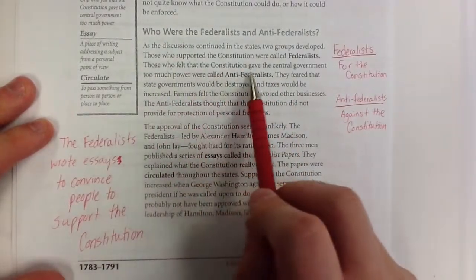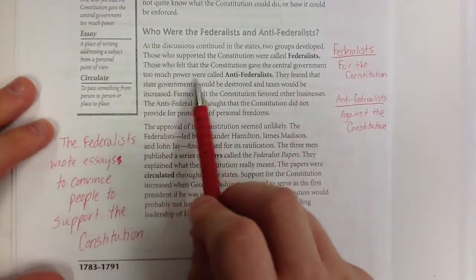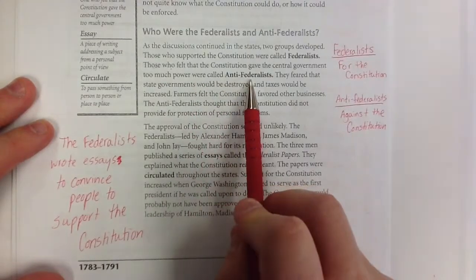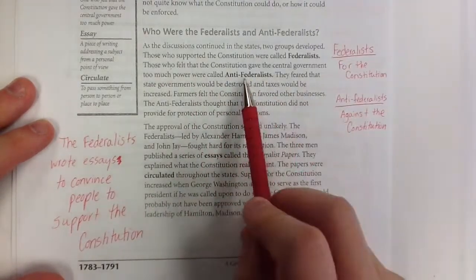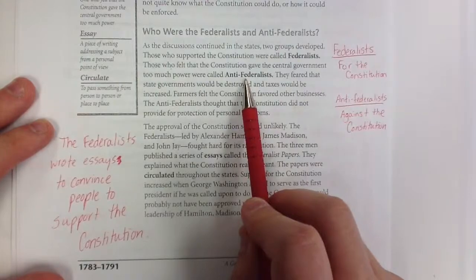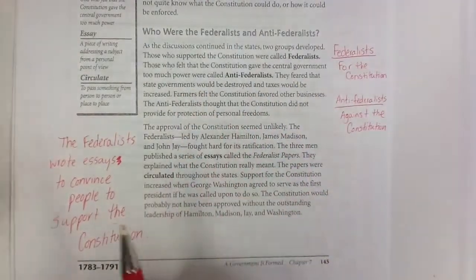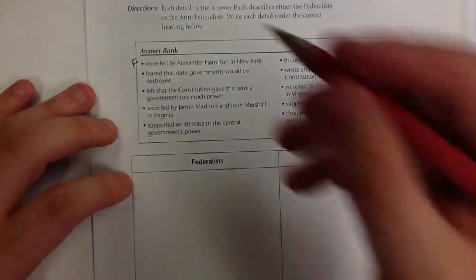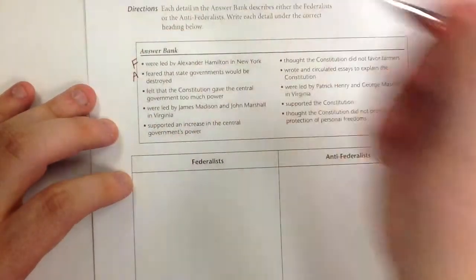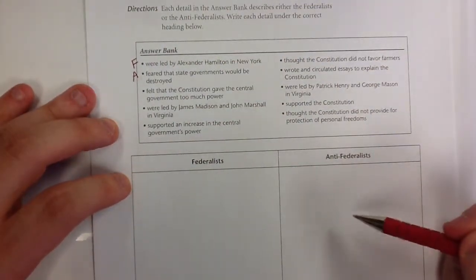Those who felt the Constitution gave the central government too much power were called Anti-Federalists. They feared, oh, it's still talking about the Anti-Federalists. So the group that feared state governments would be destroyed is the Anti-Federalists. So I'm going to put an A next to that bullet point because that goes in the Anti-Federalist side.